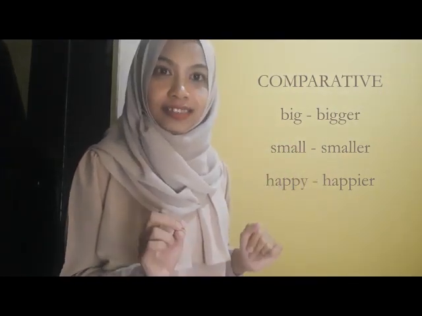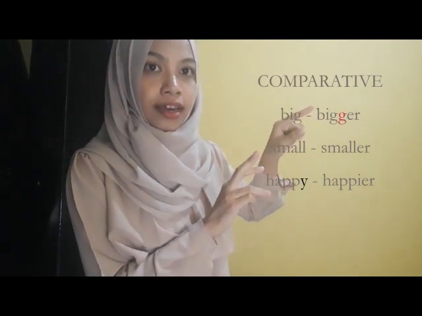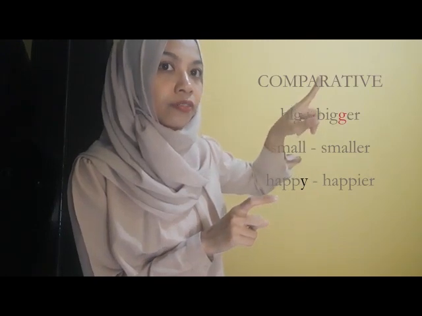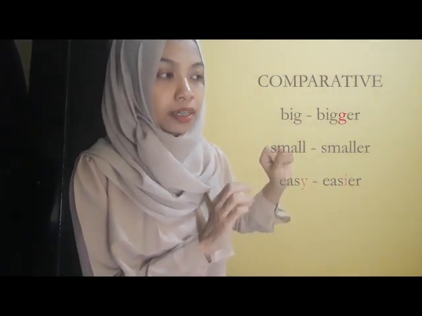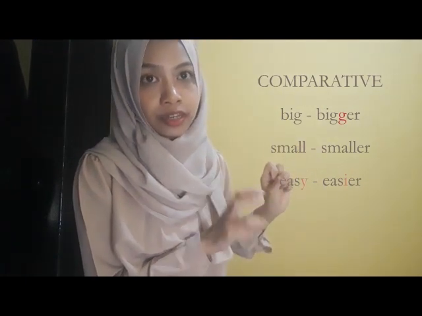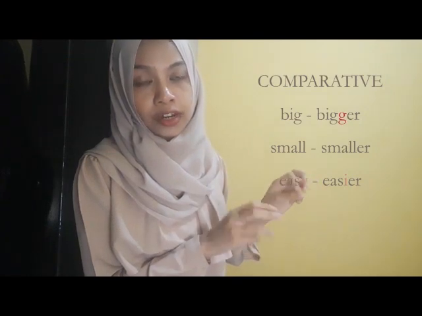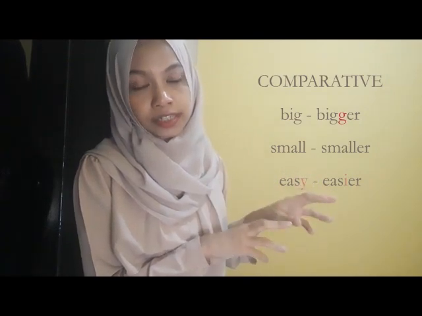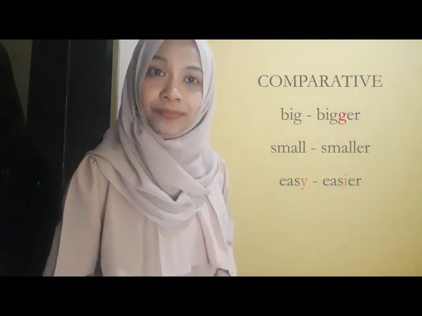And what's the differences? Big becomes bigger since they have the ending of the consonant G, so we make the G doubled. But what about with the word easier? Because this adjective has the letter Y at the end, so we change the letter Y into I. It becomes easier. Can you get it?